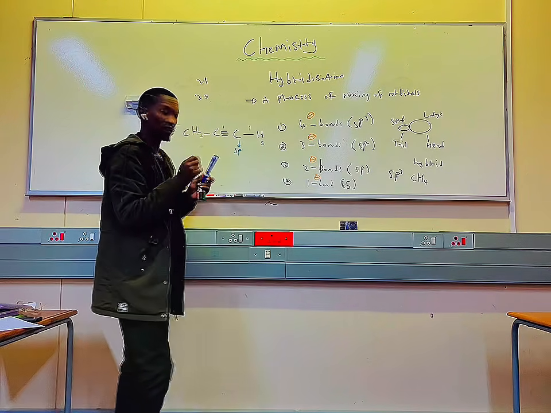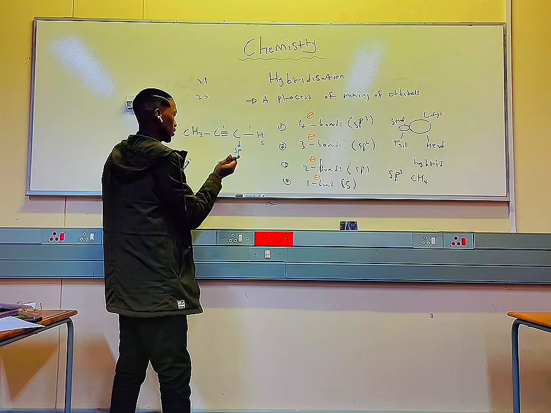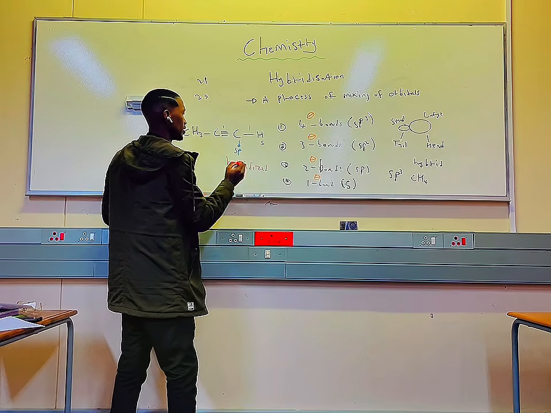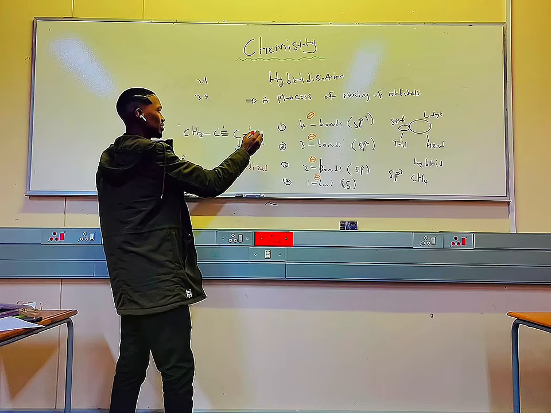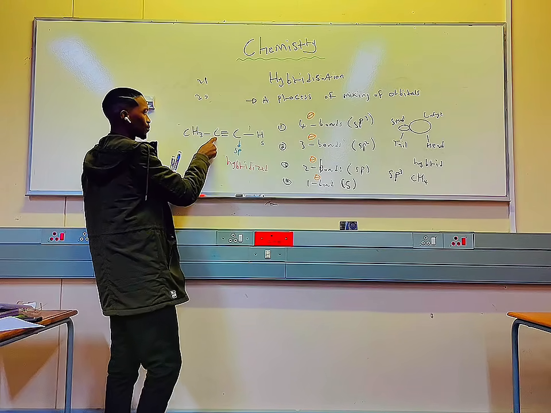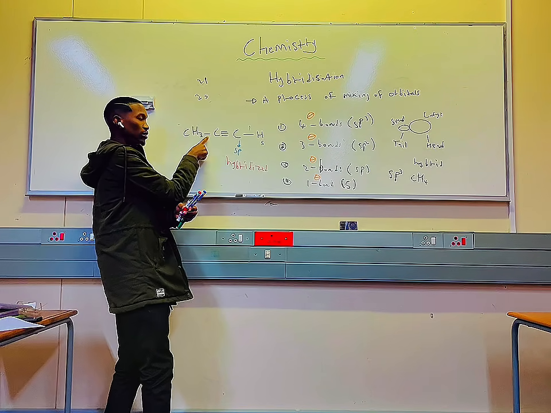I don't know if this blue color is visible there, guys. So this carbon is sp hybridized. This one is just s hybridized. What about this carbon here? It also has 1 sigma bond and another sigma bond.